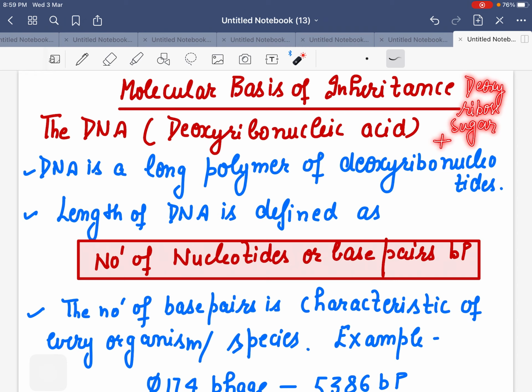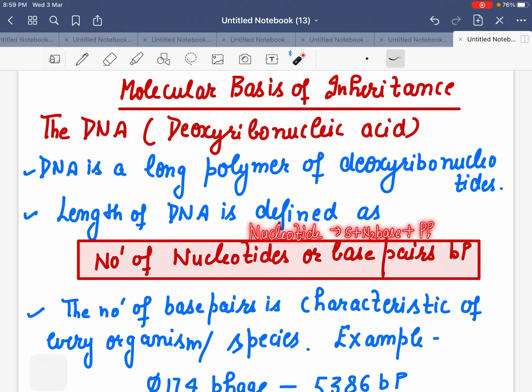And when we attach sugar with a nitrogen base, plus we add one phosphate, it completes our nucleotide. So one nucleotide is made up of sugar, a nitrogen base, which can be purine or pyrimidine, plus a phosphate.